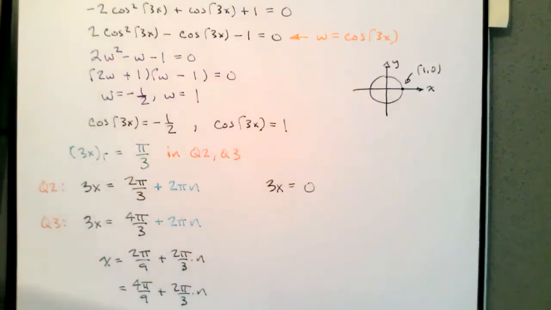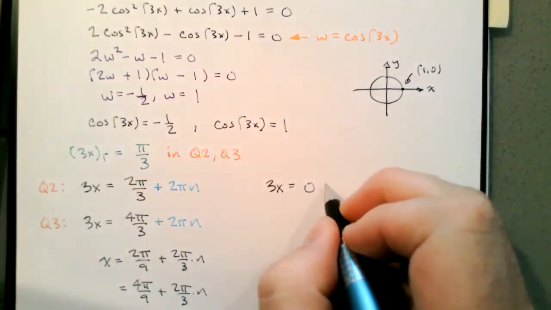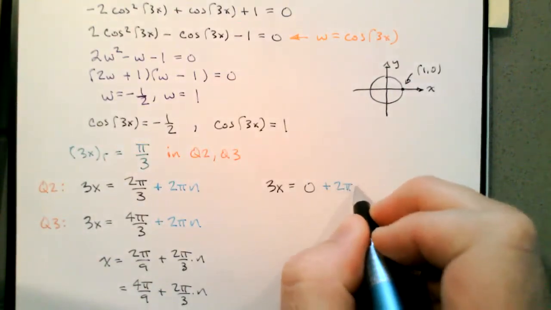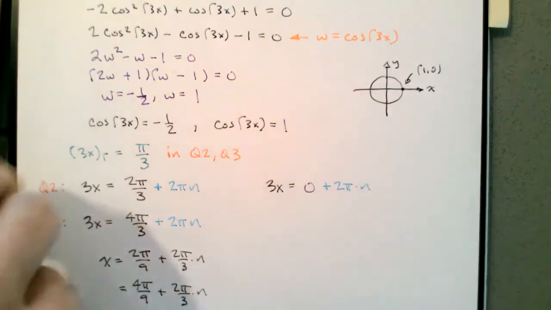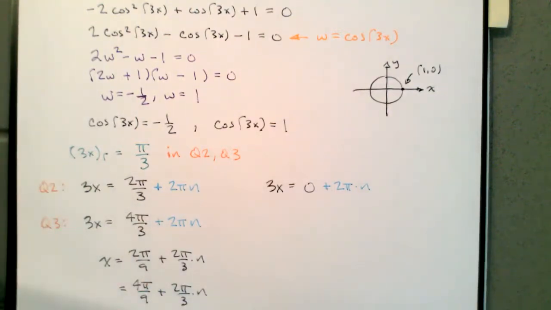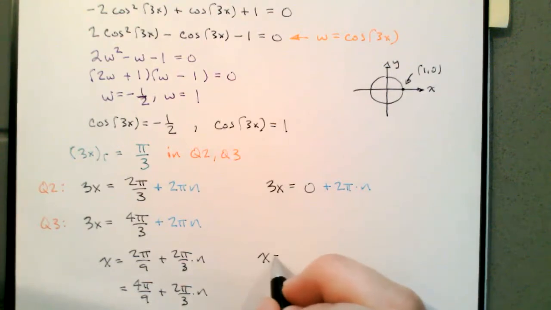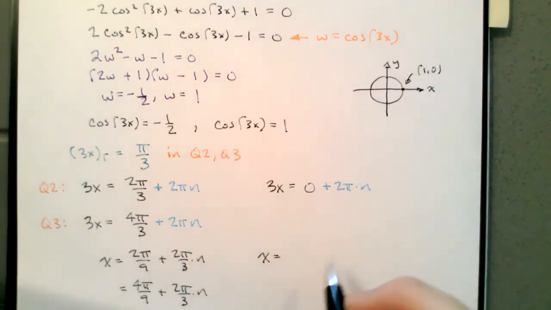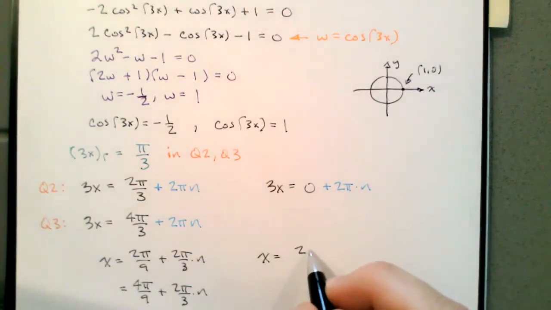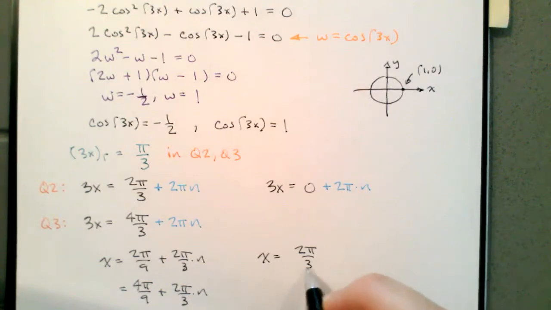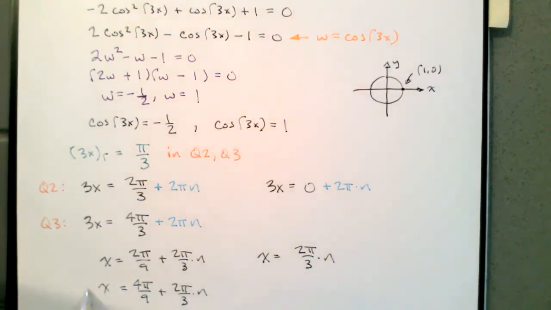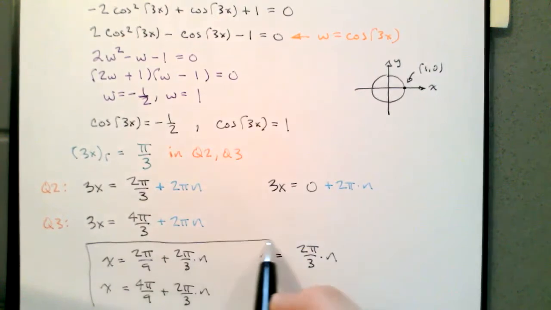But then we have to add integer multiples of the period. So plus 2 pi times n. Then we'll have to go through and divide everything by 3. 0 divided by 3 is 0. So we'll just get the 2 pi over 3 times n. So here are our infinite number of solutions.